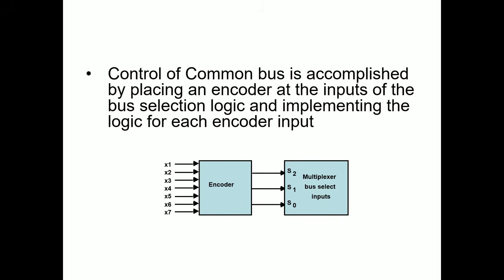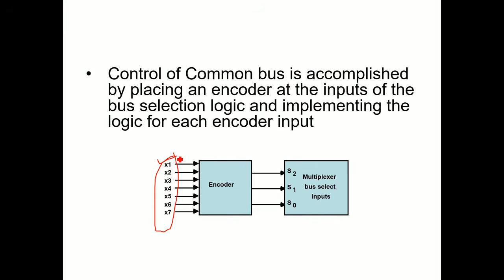Now let's see how we can control the selection inputs. Till now we have seen how to control the address register, the memory read control input, as well as the IEN control input. Here there are three selection inputs, S2, S1 and S0, and these are nothing but Boolean variables.